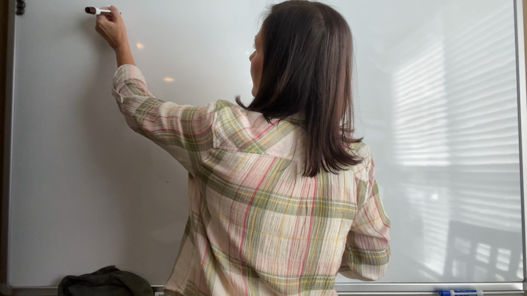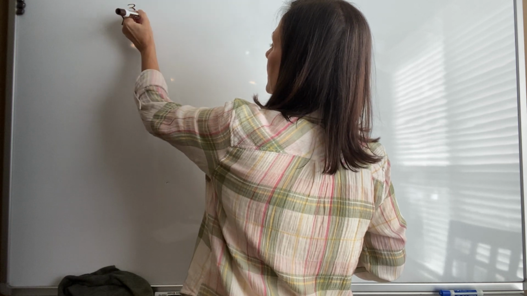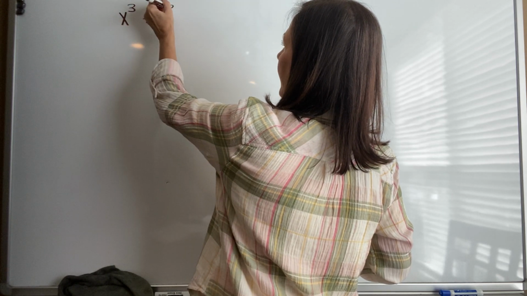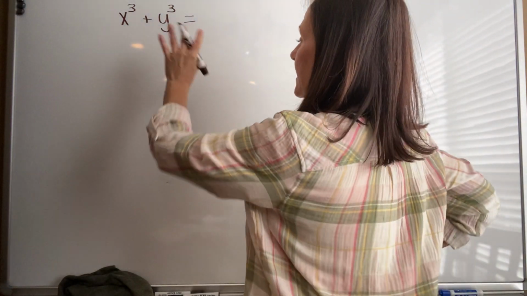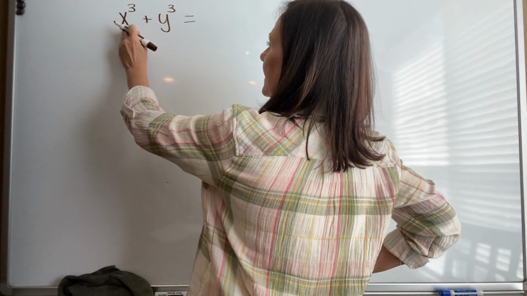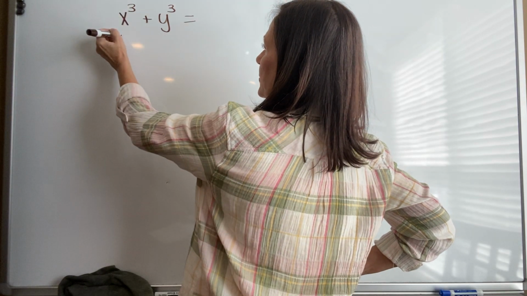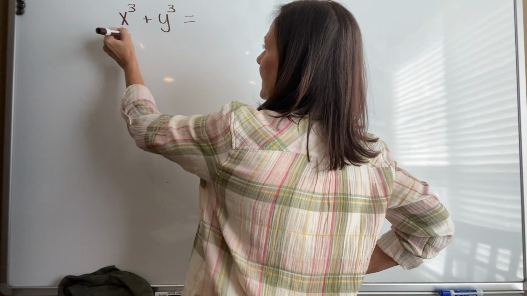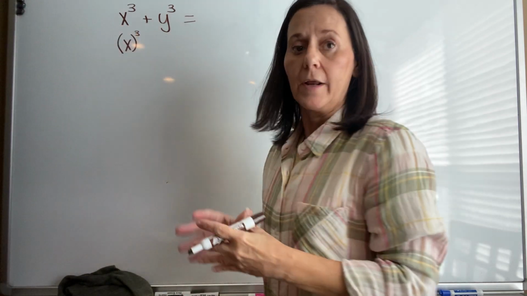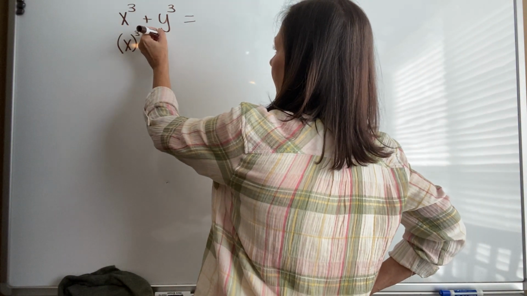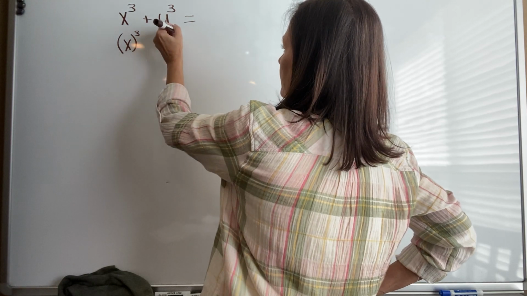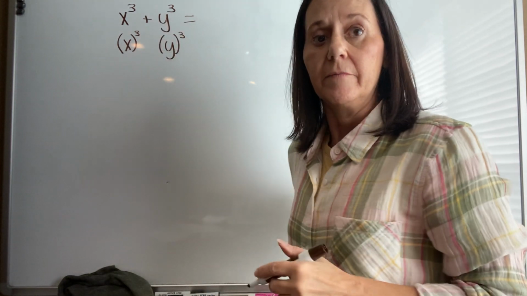All right. So if I have x cubed plus y cubed, when I factor that, I ask myself, what is the cube root of this first term? And it's really x. That is what is being cubed. And for this one, y is what is really being cubed.